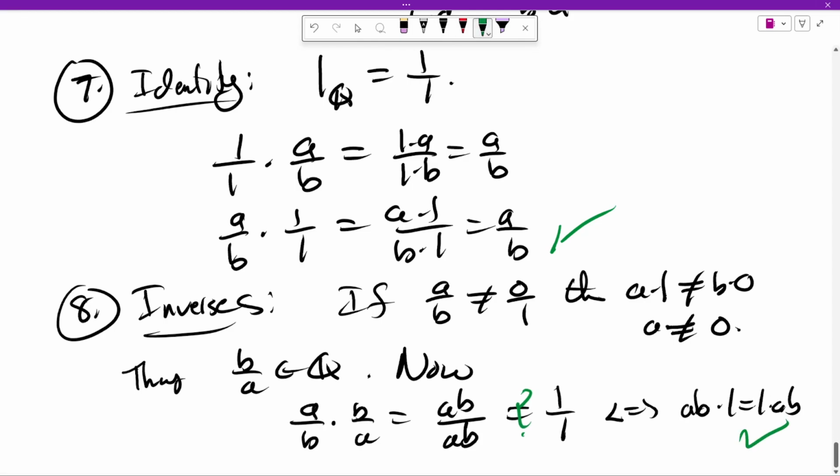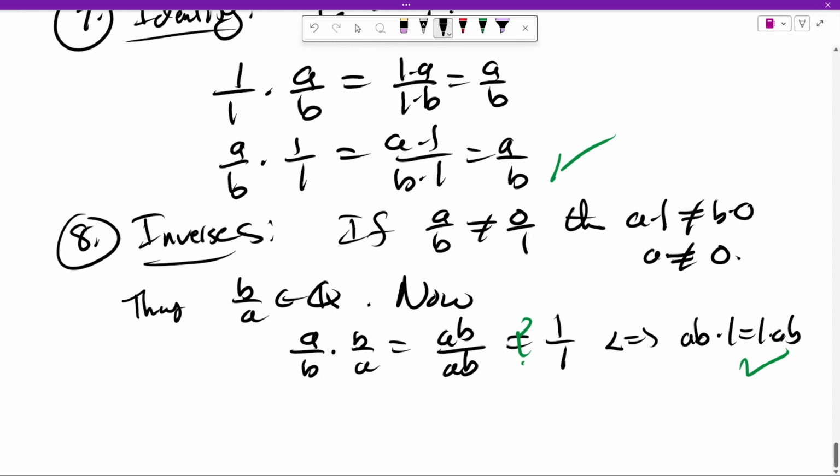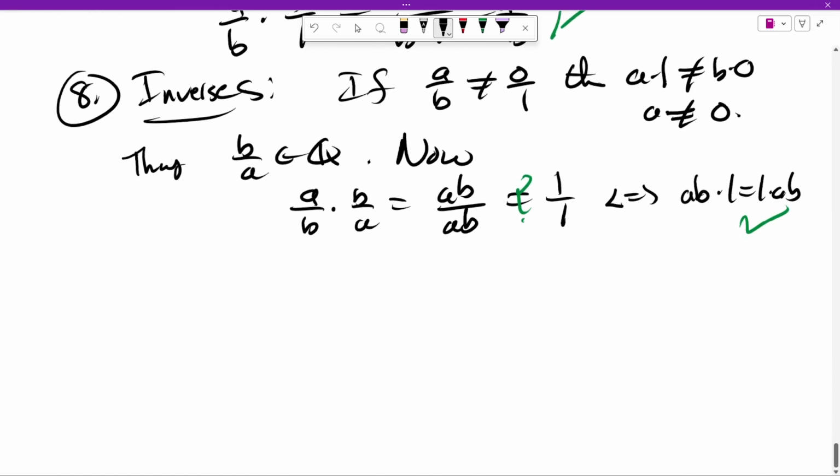So since this is true, this quantity is 1, therefore B over A is the multiplicative inverse for Q. So you'll notice that here we have to be kind of careful with our fractions, and we don't actually get 1 over 1, we get something which is equivalent to 1 over 1, and we actually have to check that it's equivalent.